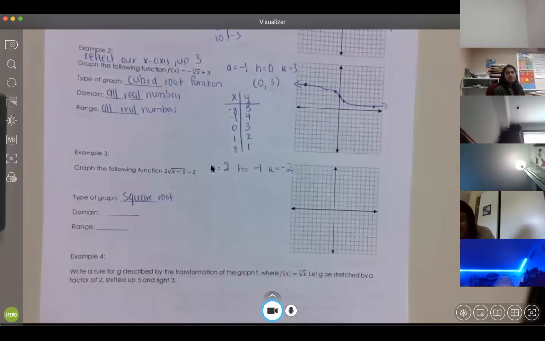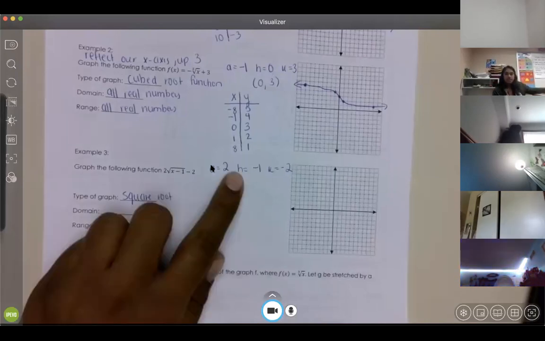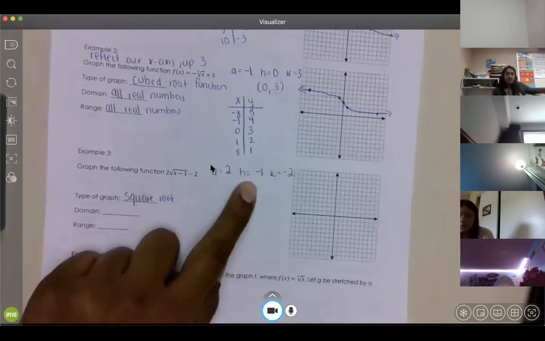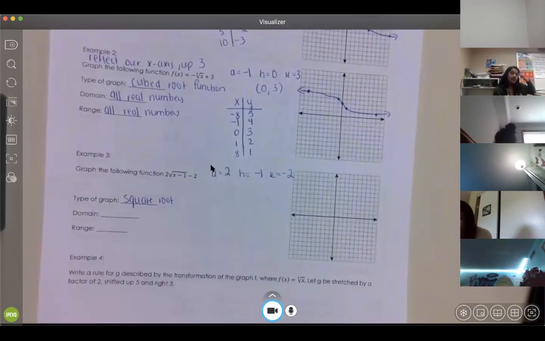I'm confused. Well, what does the H value do? If H is -1, how does that move my graph? Reflect over x-axis. That's the A value, but the H value, what does that do? Is it down or right? Remember, H is horizontal, and since it's a -1, is it going to the right or is it going to the left? Right. Right 1.